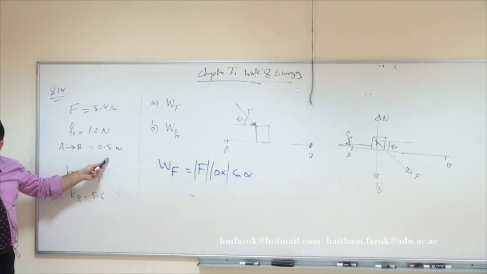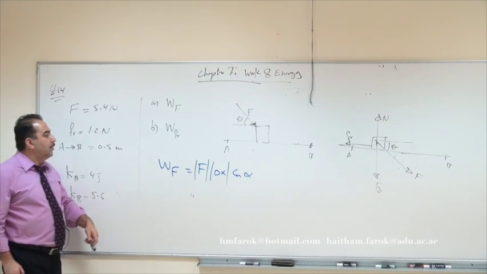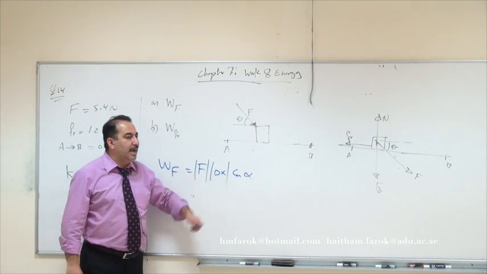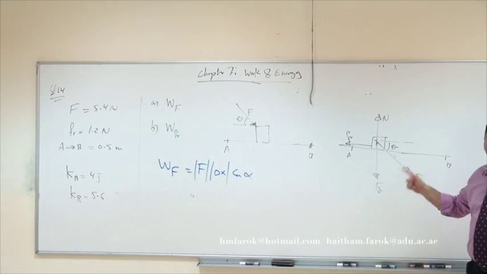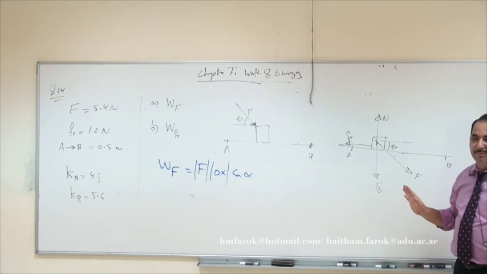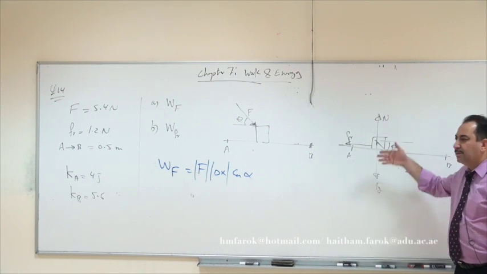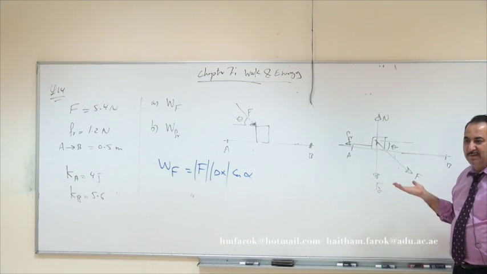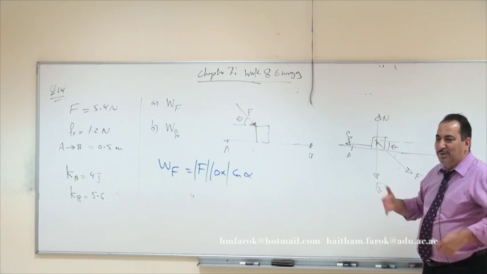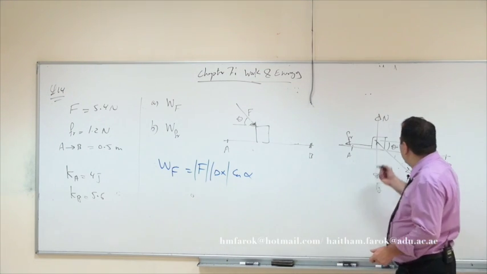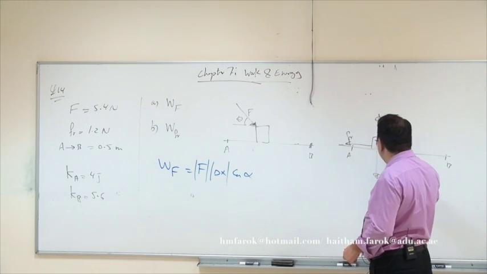Between A and B is 0.5. Do I know the angle between F and delta X? No, not given. It's called theta, but it's not given. You don't have the value. This angle theta is unknown.